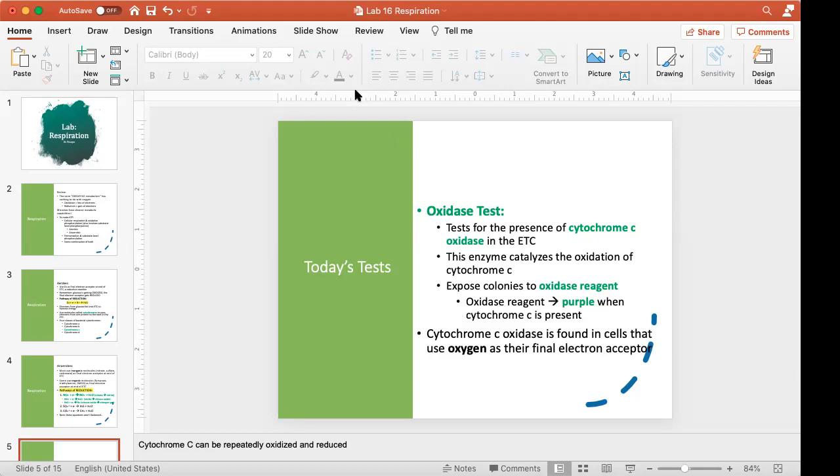Now, why do we care about cytochrome C oxidase? Why do we bother testing for that one?